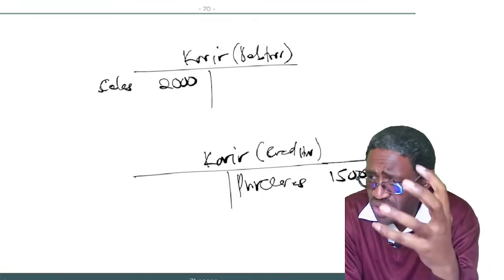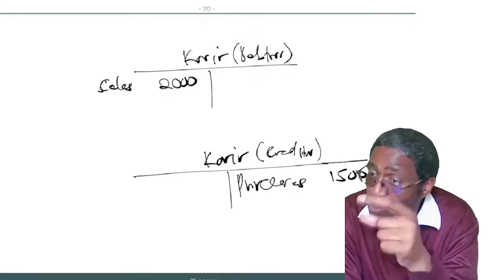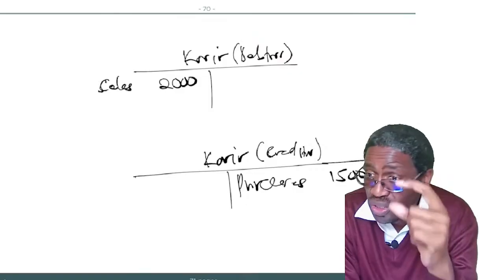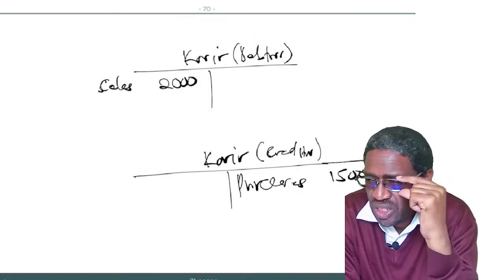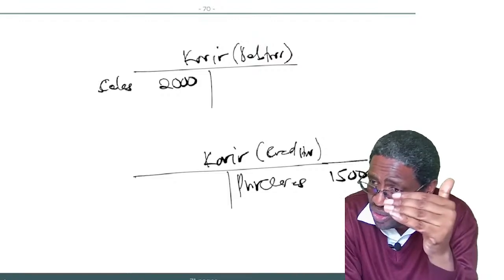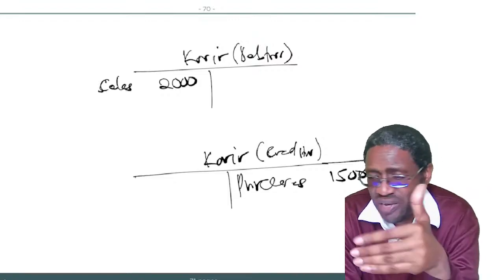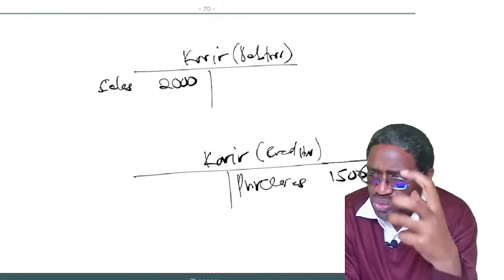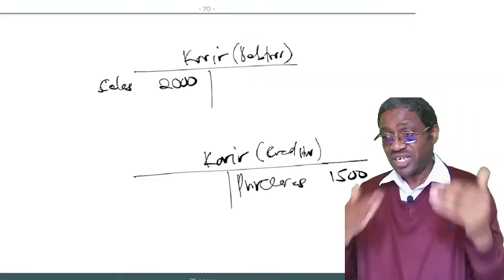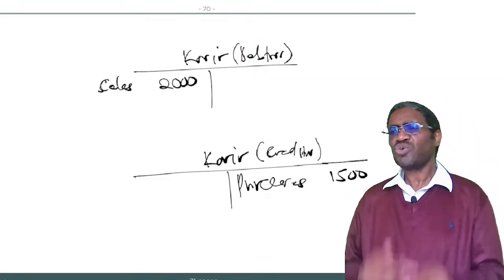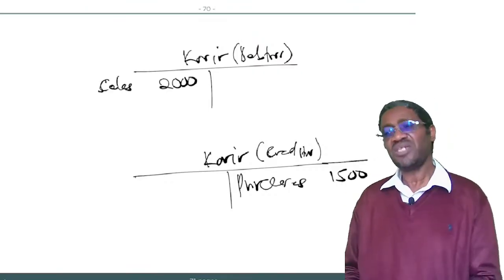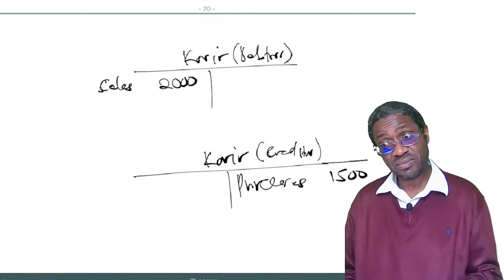Because he owes us 2,000 as a debtor, and we owe him 1,500 as a creditor. So what do you have to do as a business? Listen, you don't have to wait until he pays you 2,000 so that you give him 1,500. No. What you do, you offset the two balances so that you find out who owes whom the difference of 500.